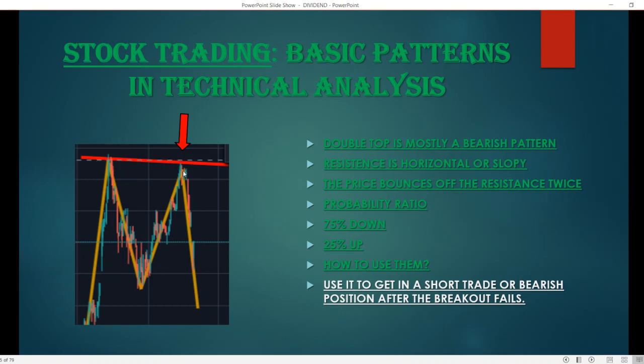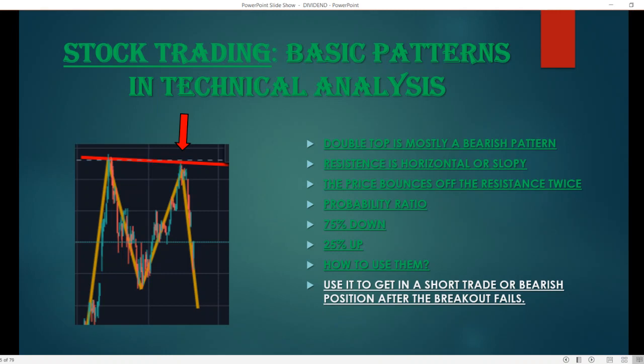So once we have this double top, the stock couldn't break above this resistance. It means that the stock will mostly drop. So the resistance sometimes is horizontal or is sloping. The main thing you want to notice is that the price came to the resistance twice, but it couldn't break above the resistance.